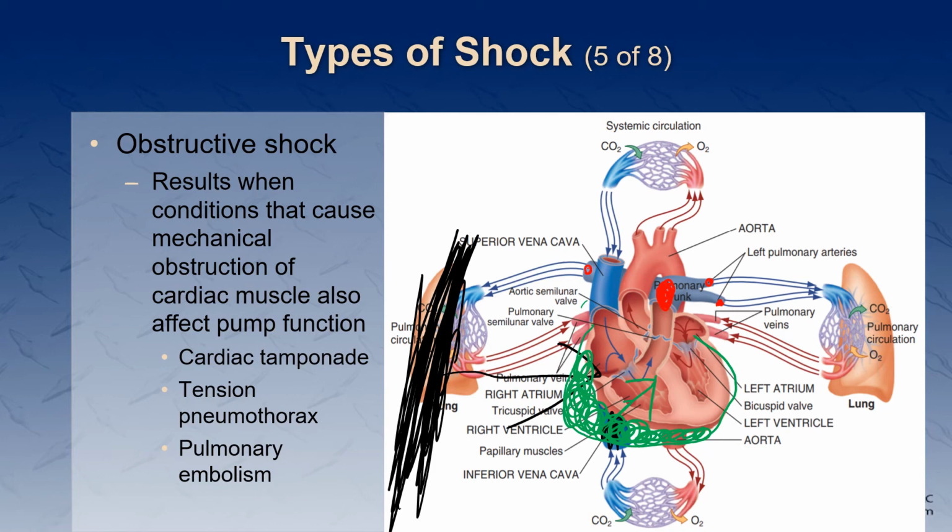But the overall shock state of the body is because of the failing of the heart. So it is a cardiogenic shock. For system-wide obstructive shock, right, it's got to be one of these things that's the actual obstruction is what's causing the systemic shock state.